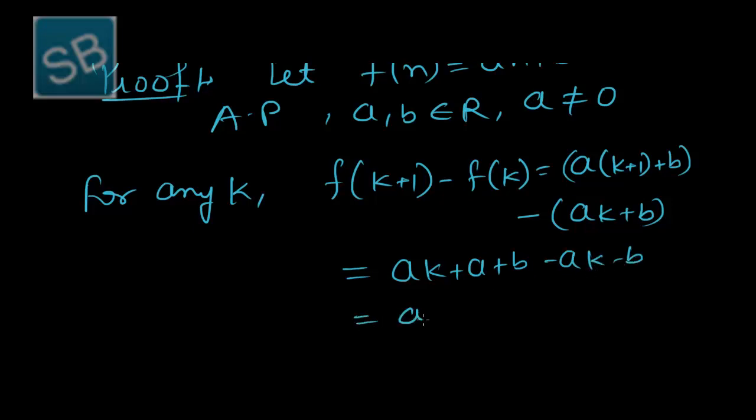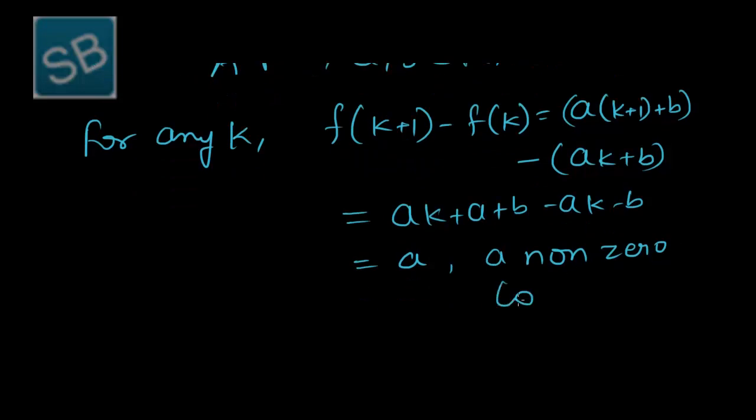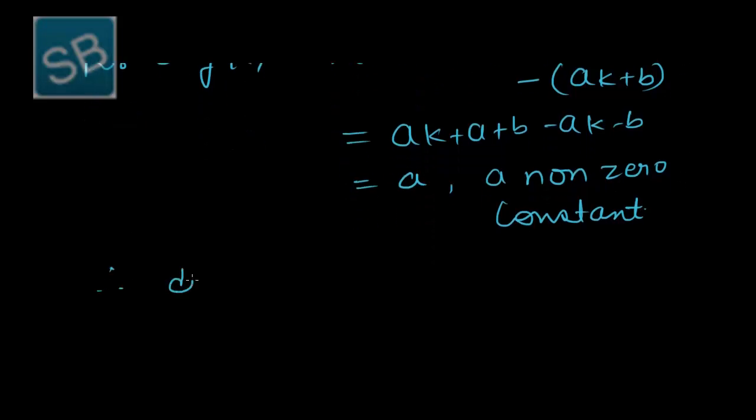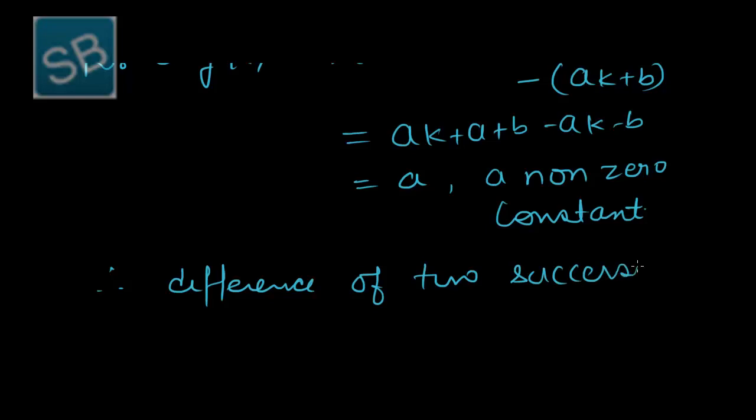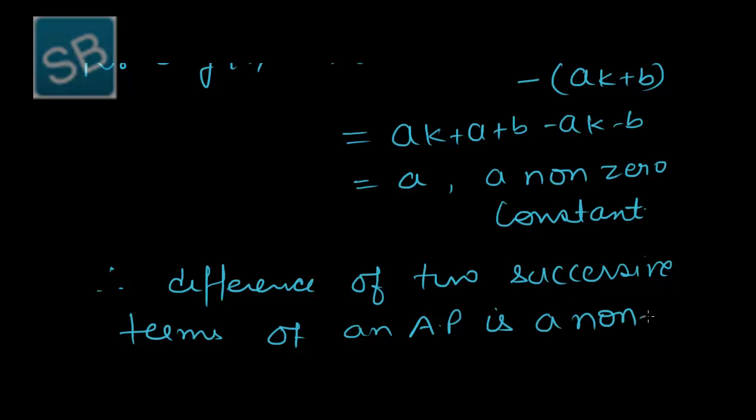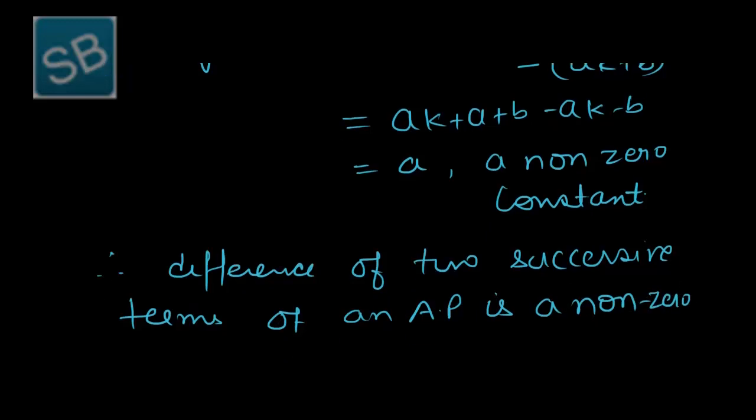That is, we get only a, which is a non-zero constant. So the difference of two successive terms of an AP is a non-zero constant.